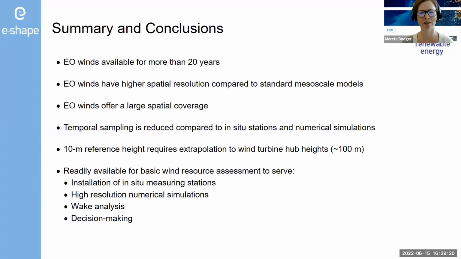It should be seen as supplementary to other data sets and solutions that are already available to the community. We have to constantly develop new ways to use EO data in synergy with other data sets, for example, to extrapolate the 10-meter satellite winds to higher levels.